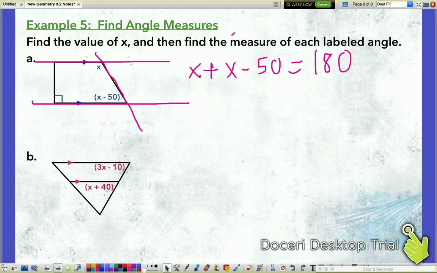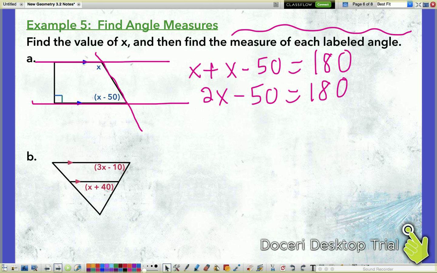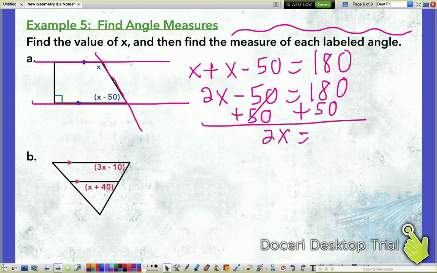Okay, and then it wants me to find the measure of each labeled angle. Let's solve for x first. So 2x minus 50 is 180. Add 50 to both sides. 2x equals 230. And what is 230 divided by 2? 115.